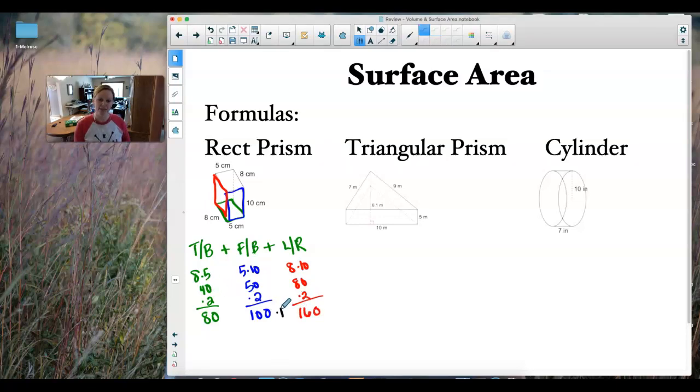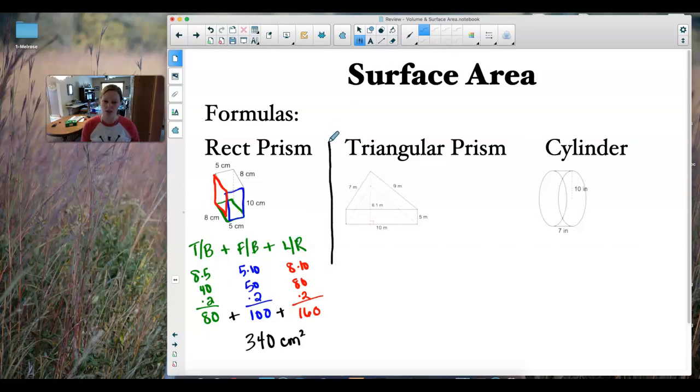Finally, we will add that all together, and 80 plus 100 plus 160 ends up being 340 centimeters squared for the surface area. So that would be the area of all the outside surfaces. Remember, you have to follow this process: top and bottom, front and back, left and right.